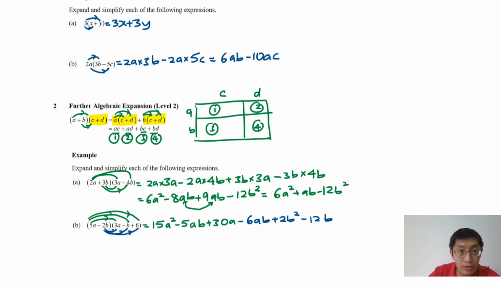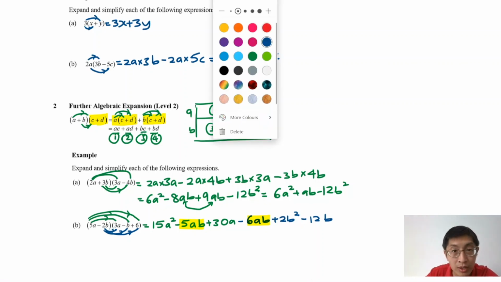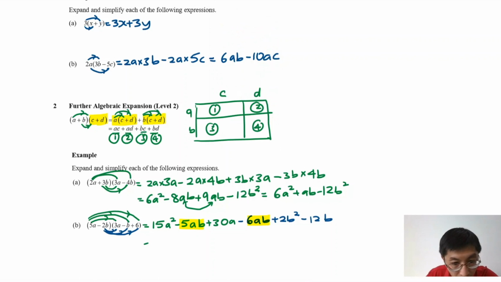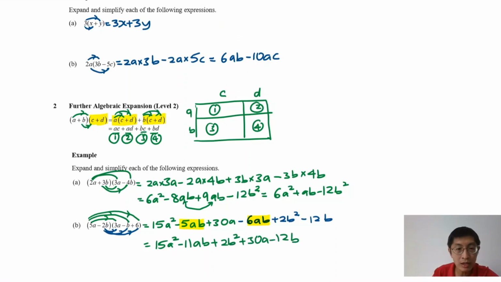So look out for the terms that can be combined. You have multiples of ab over here. And we'll do a final touch up and that's it. So this would be 15a squared - 11ab + 2b squared + 30a - 12b. That will be the end of the expansion.